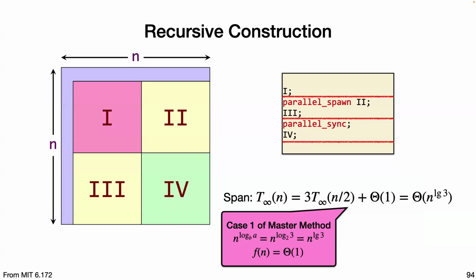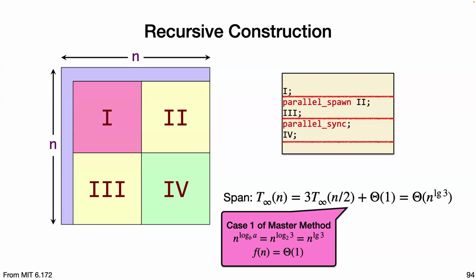And that is n to the power log 3, because the number of leaves is n to the power log 3. F of n is theta 1, and this thing is bigger than theta 1. So the way that you derive recurrences for span is you can think of how many parallel phases there are.